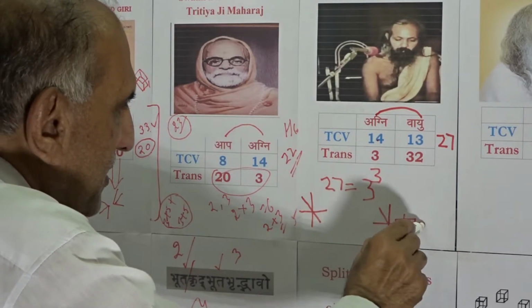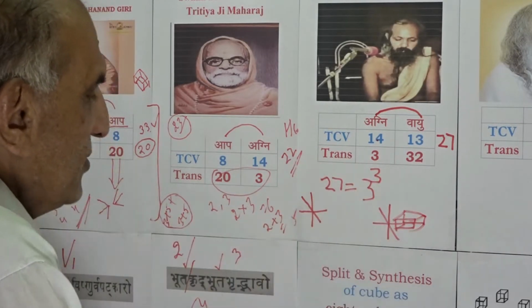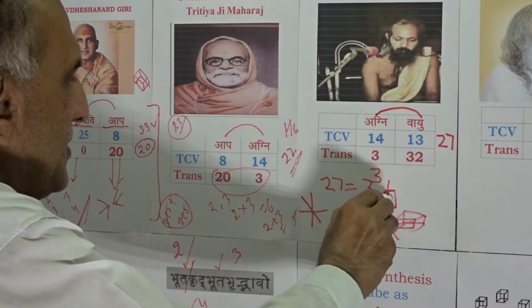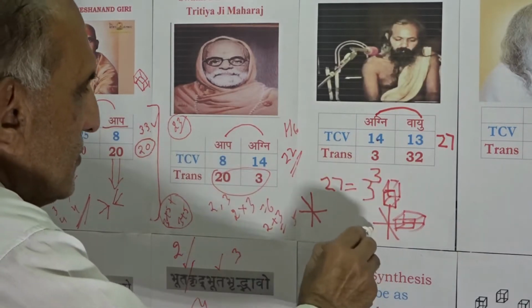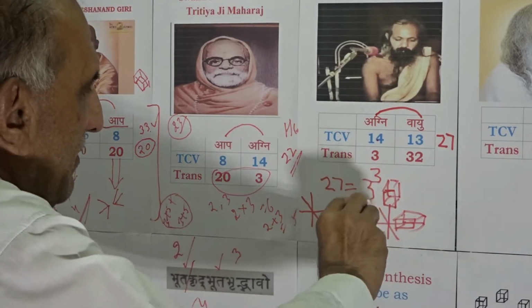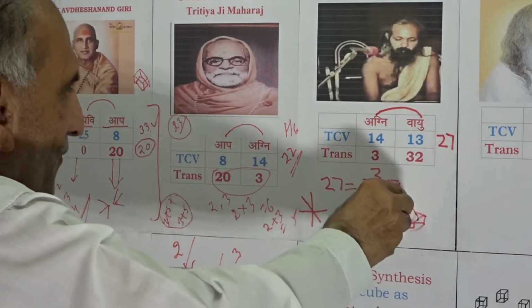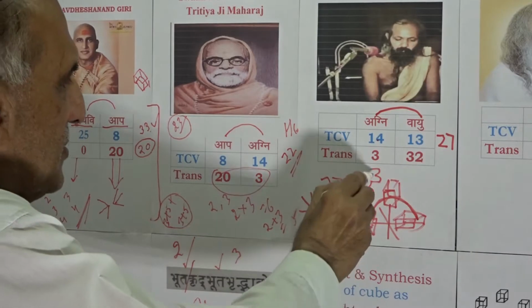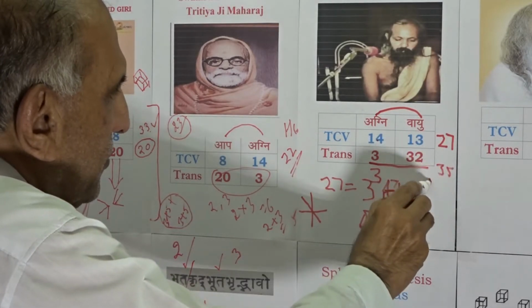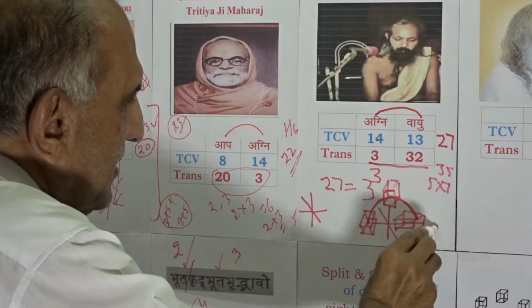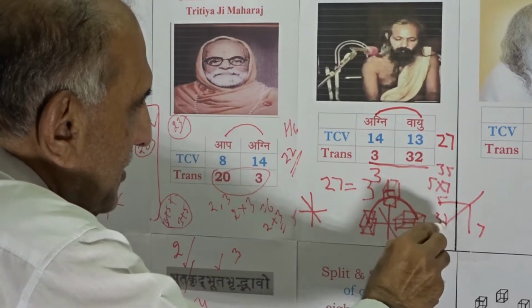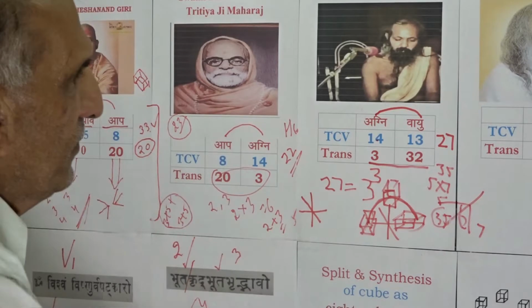It is this feature, it is this value, it is this insight which is to be acquired by the sadhakas, and as the three-dimensional frame splits into a pair of three-dimensional frames of half dimensions, so here as well the three-dimensional frame of 3 solid dimensions splits into a pair of such domains, and the one of the three-dimensional frame of half solid dimensions will be leading us to value 32, and here the trans value comes to be 35, which is equal to 5 into 7, and it takes us to a 5 into 7 grid which accommodates all the 35 elements, double-digit numbers of 6 place value system.